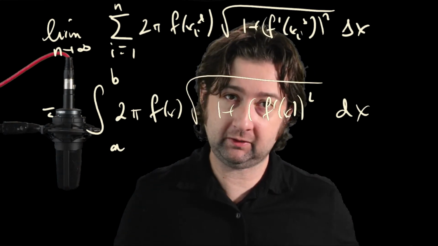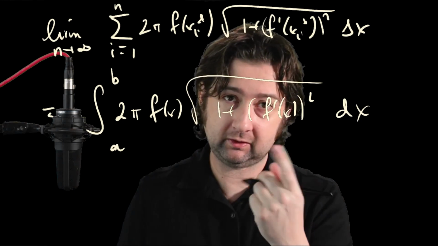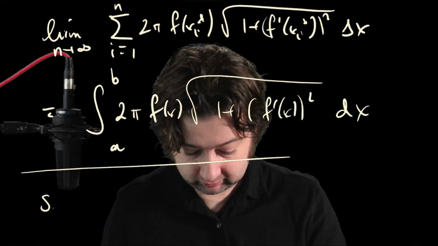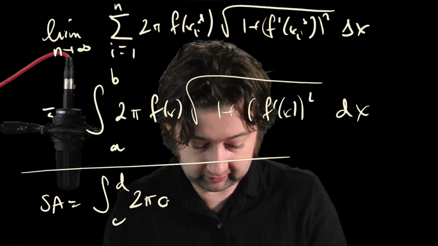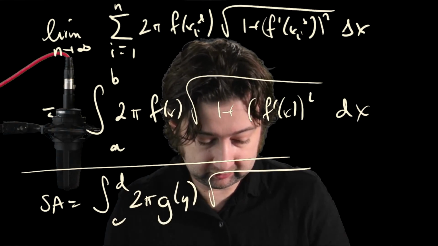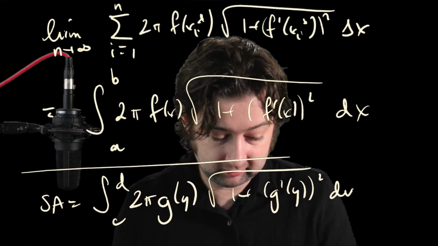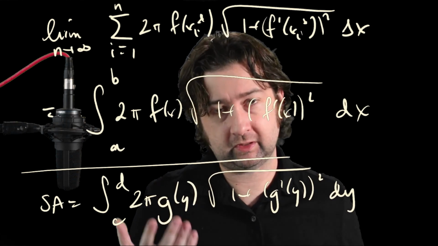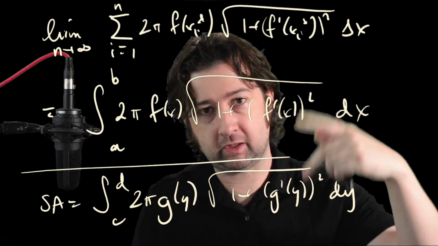I should also point out that there's a corresponding y formula for when you rotate around the y-axis, and that is given by surface area is equal to the integral from c to d of 2 pi g of y times the square root of 1 plus g prime of y squared dy. And frequently what mathematicians like to do with these formulas is condense them using ds to represent all these nasty square root pieces.